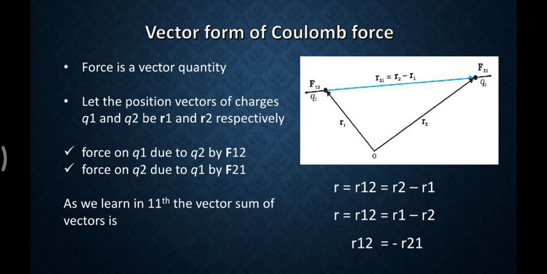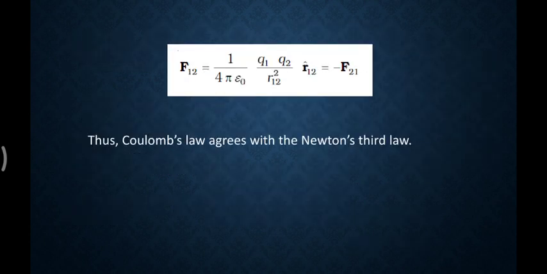So it is opposite in nature. So if you take F12 as 1 upon 4 pi epsilon 0 q1 q2 upon r12 square, with the unit vector r12 replaced by r21, then the minus sign is introduced, and this leads to F12 being exactly the minus of F21.